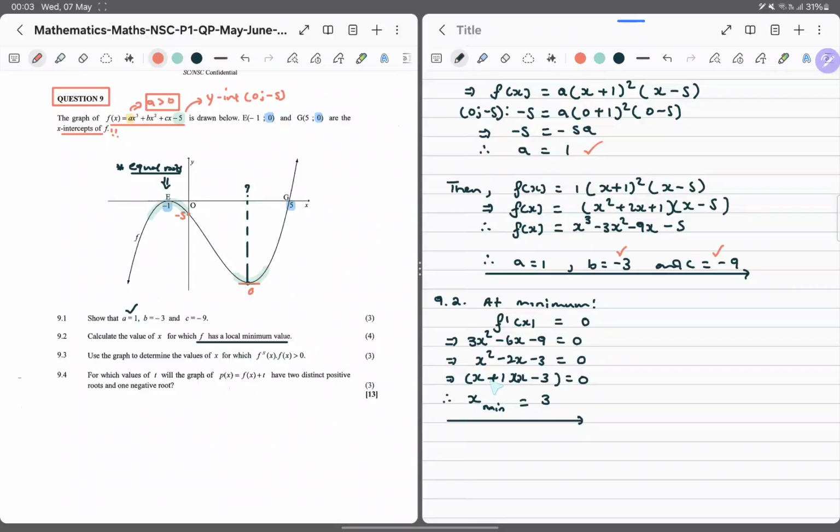Why am I ignoring the minus 1? Because that is the maximum. And the question said at the minimum value of the function. Okay, so this is good. Not a very complicated story.